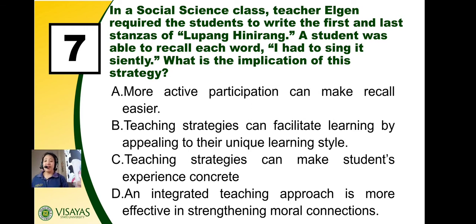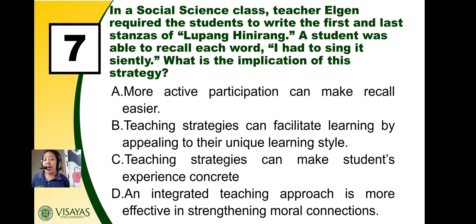Alright, so again, in a social science class, Teacher Elgin required the students to write their first and last stanzas of Lupang Hinirang. A student was able to recall each word. I had to sing it silently. What is the implication of this strategy?